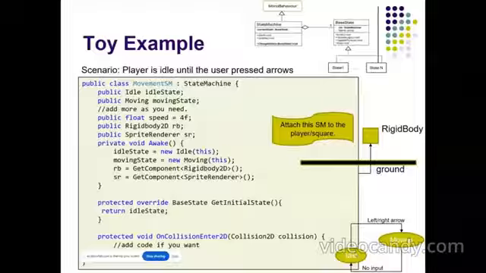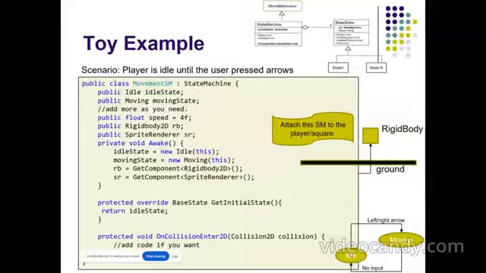Now this square will stay idle until you hit the left or right arrow, where it starts moving. Moving means moving to the left or to the right based on the input. It will keep moving to the left and the right until, if there's no input, you go back to idle.